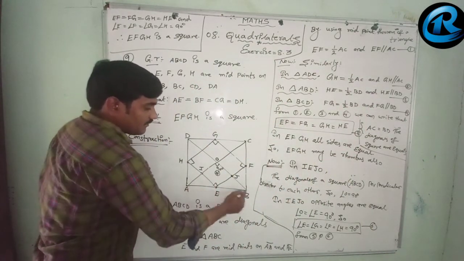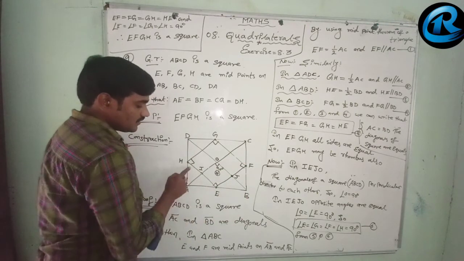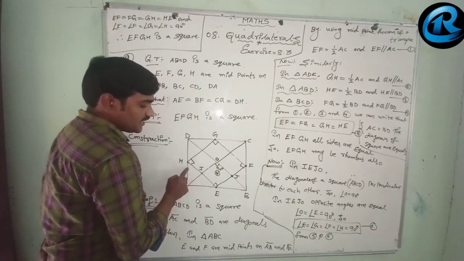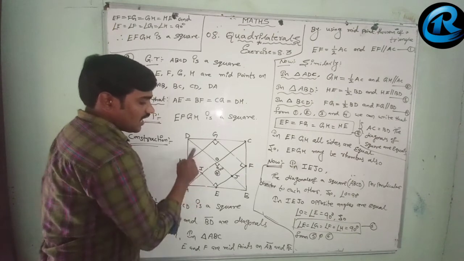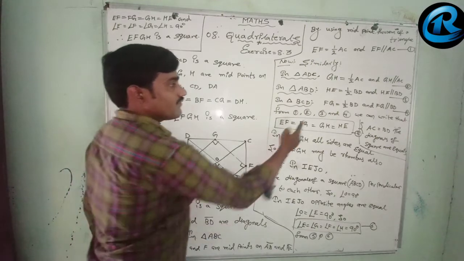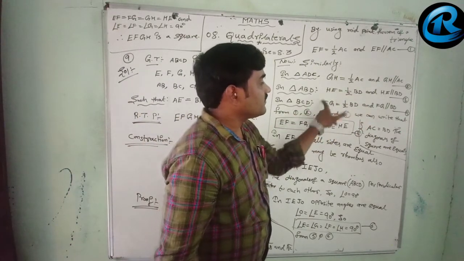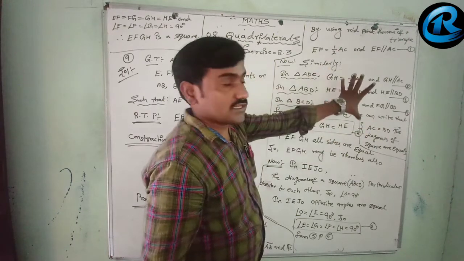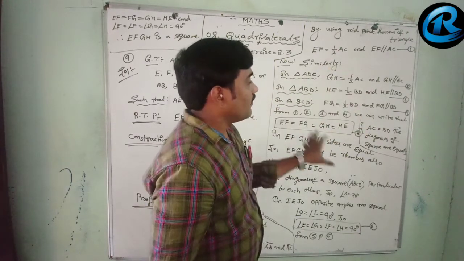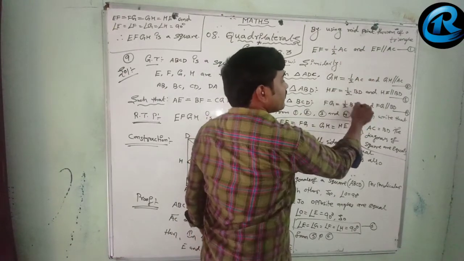Then in triangle ABD and triangle BCD, HE is half of the BD and FG is half of the BD by using the midpoint theorem.